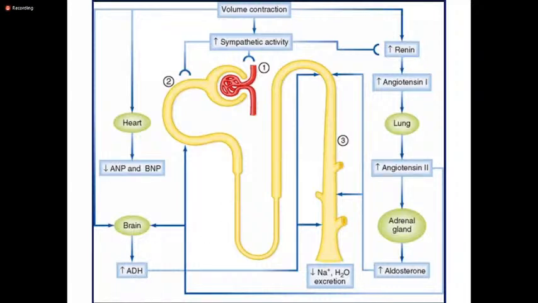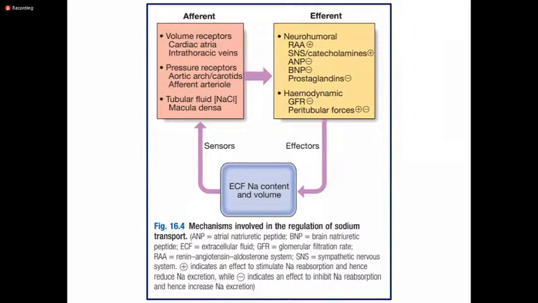But basically, those are the main hormones that play a role when it comes to regulation of sodium, potassium, and water within the body. This is also a diagram just explaining the same thing. If there's any alteration in the extracellular fluid volume or sodium content, this is sensed by the volume receptors, pressure receptors, and also the macula densa within the kidney.